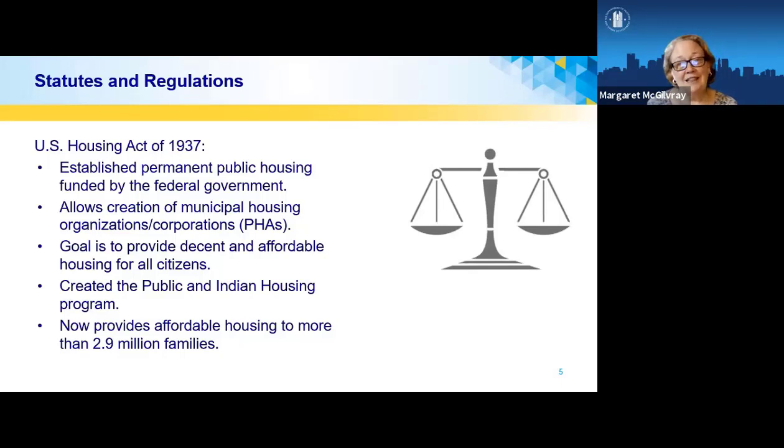So I also like to take this opportunity to commend you all for participating in this training, for donating your time and your energy to your community and to the Public Housing Authority, because it is time consuming and it is not easy. So kudos to you all.